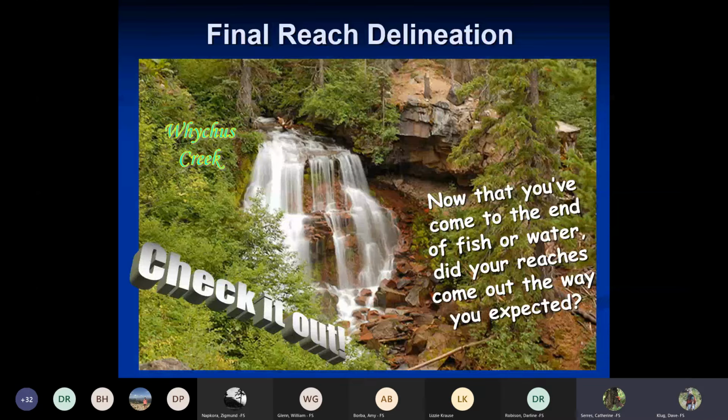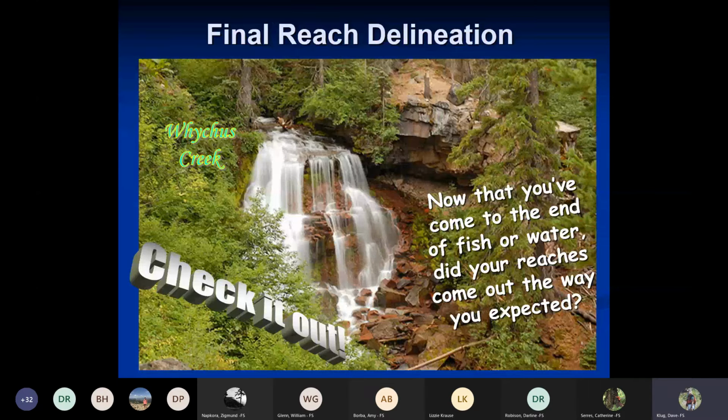Okay, this presentation is on the final reach delineation. Imagine yourself coming to the end of fish or water or whatever that reach is, and you ask yourself, did your reaches come out the way you expected?